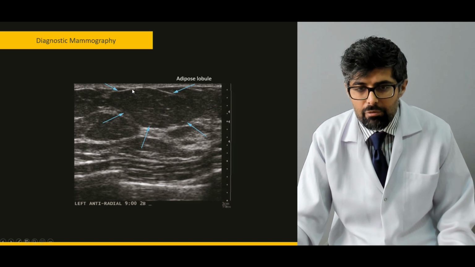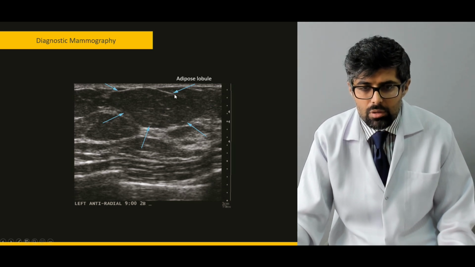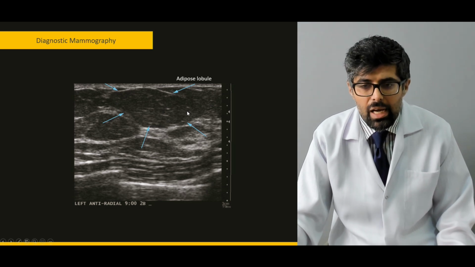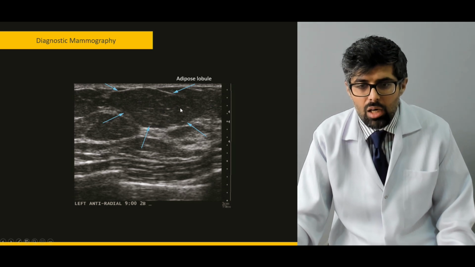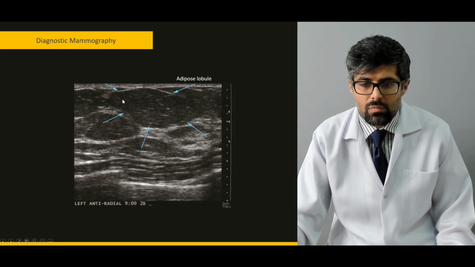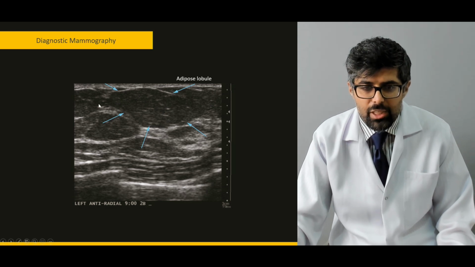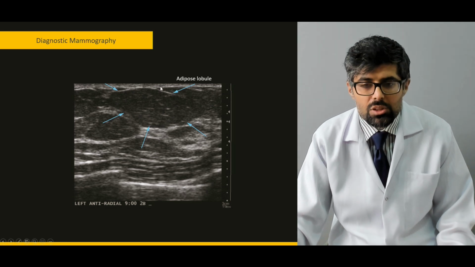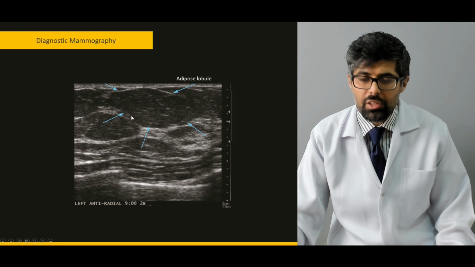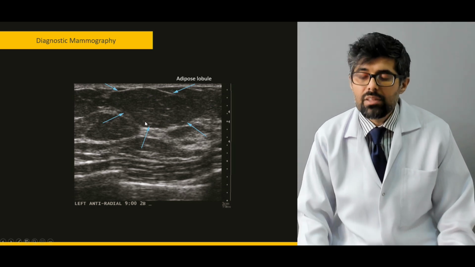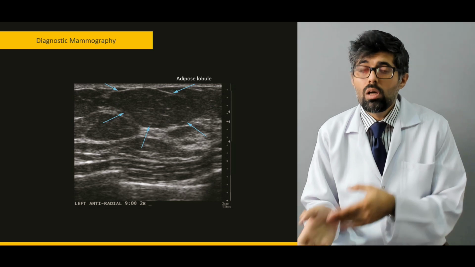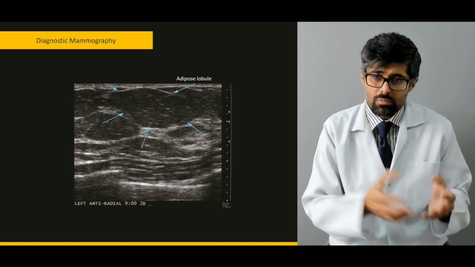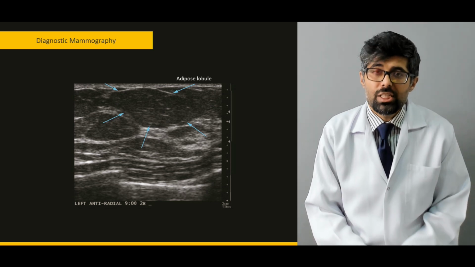So we can see that it has a border, a perfect line that goes over it and under it, and it is like a lump, like all of this fatty tissue has lumped together to form it. There is no round circumferential border, there's nothing here. So we can say that this is an adipose lobule, an accumulation and superimposition of all the fatty tissue. And again, such a type of mass is benign.